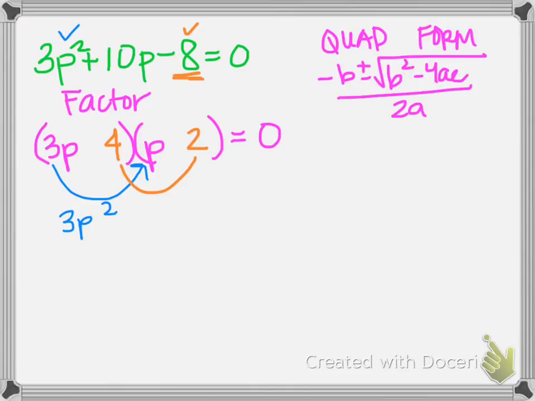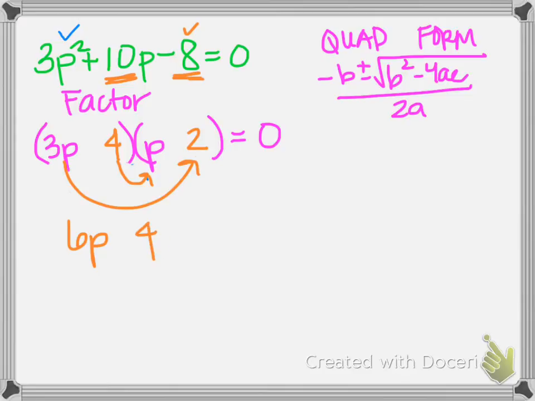Check. But I haven't checked this middle section. So let's go ahead. I'm going to give myself some room here. I'm going to check that middle term. So this right here would multiply to be 6p. This right here would multiply to be 4p. And if I added them together, it would be 10.